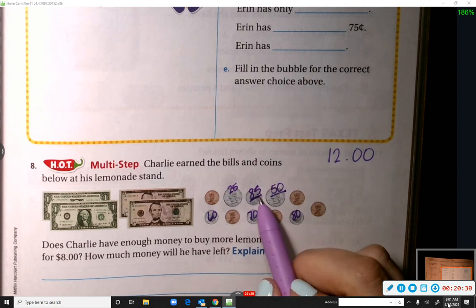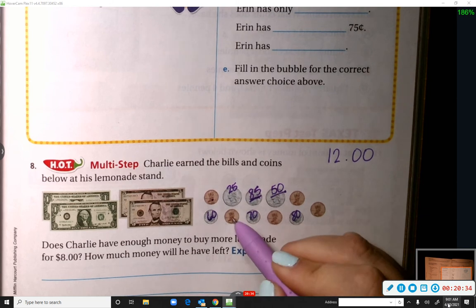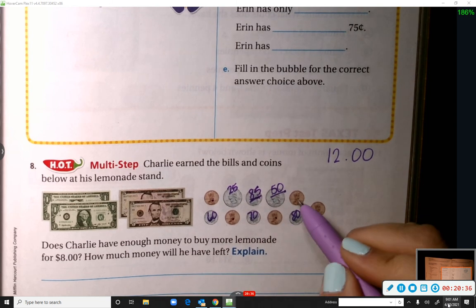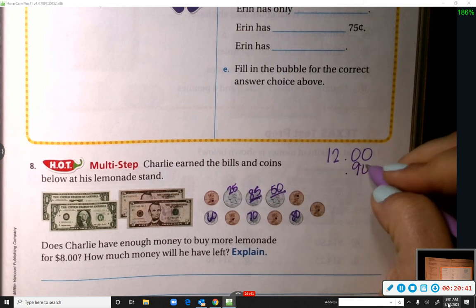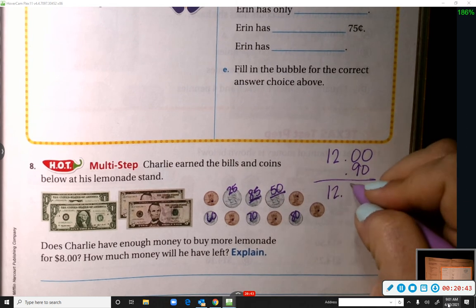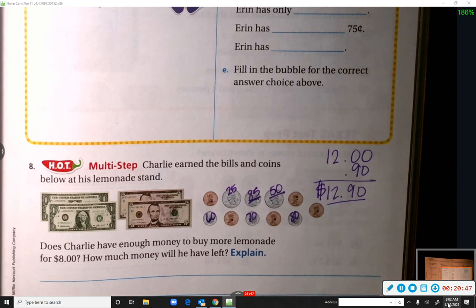So 85 now becomes 86, 87, 88, 89, 90. Very good. Kelsey and Bryson are the winners. And Kaylee. Good.